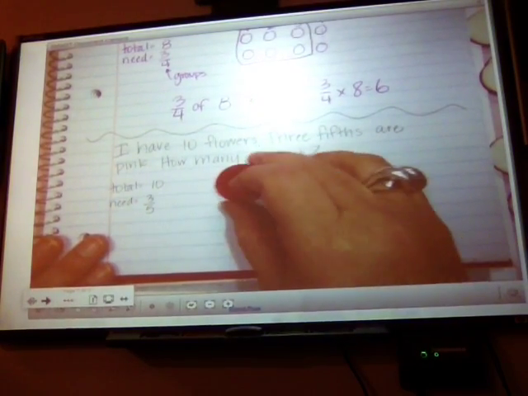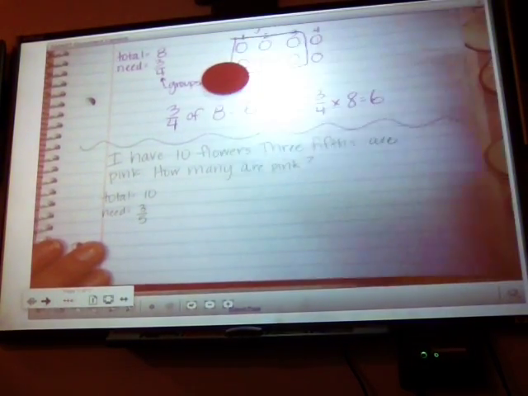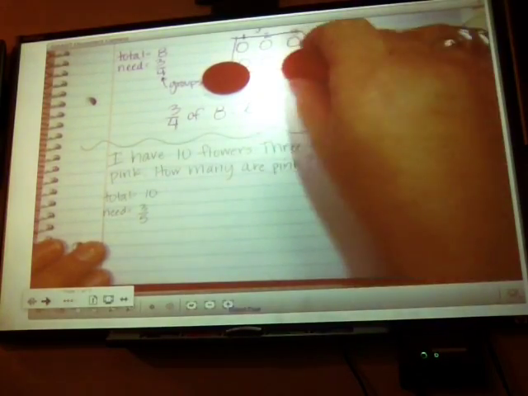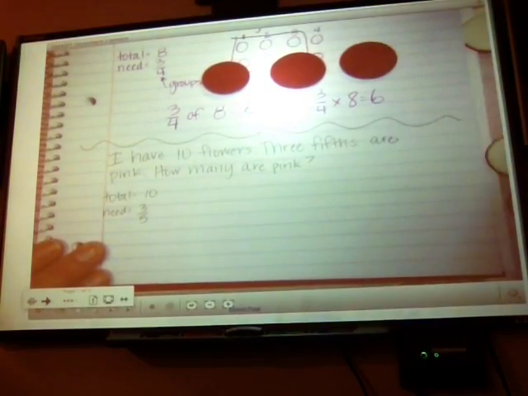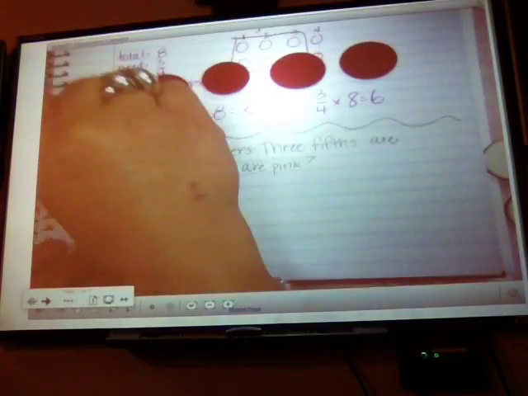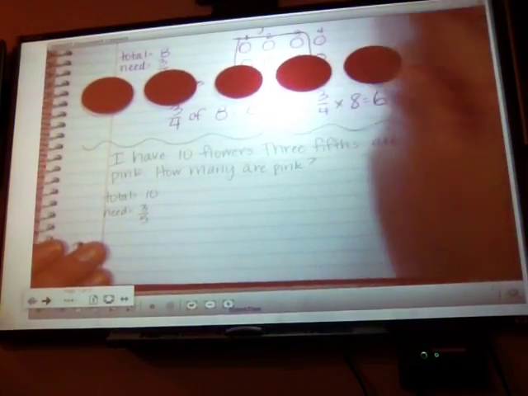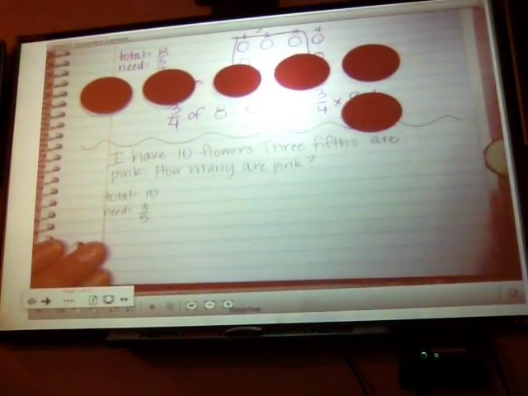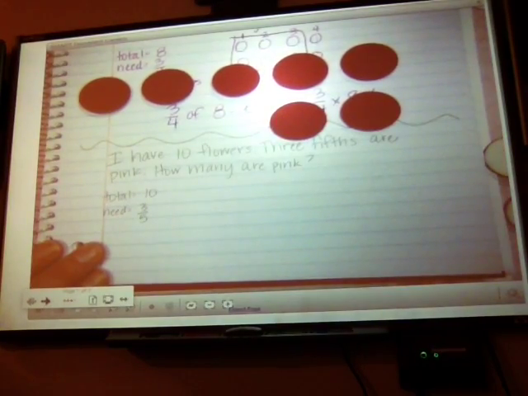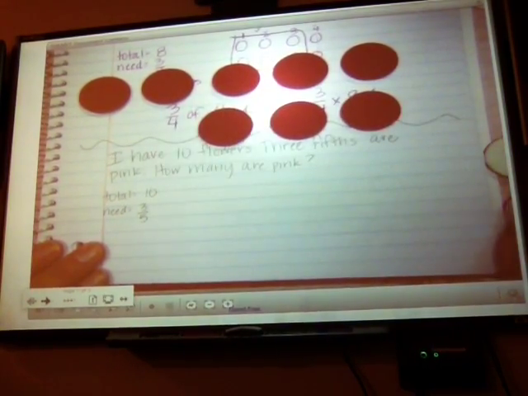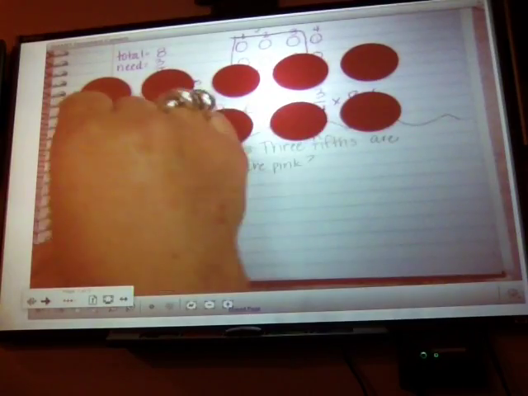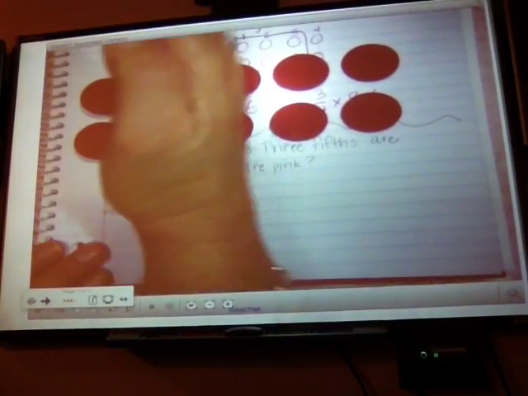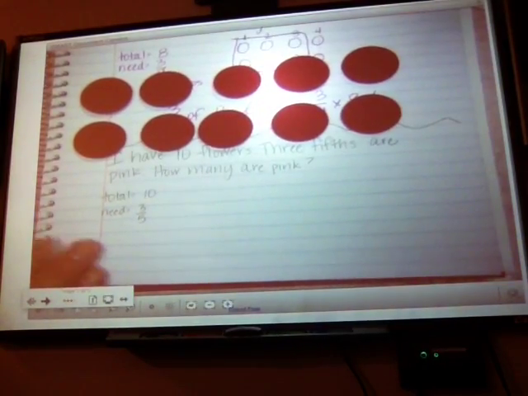Okay, so I'm just going to do 1, 2, 3, 4, 5, and I have 10, so I've got to fill it in. 6, 7, 8, 9, 10. Here's 1, 2, 3, 4, 5.